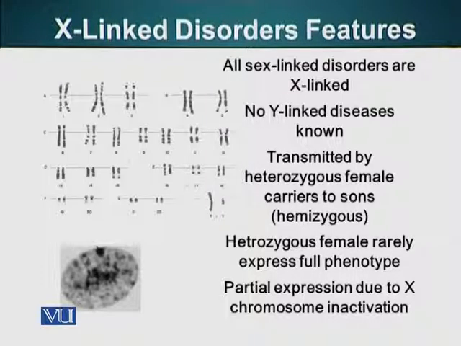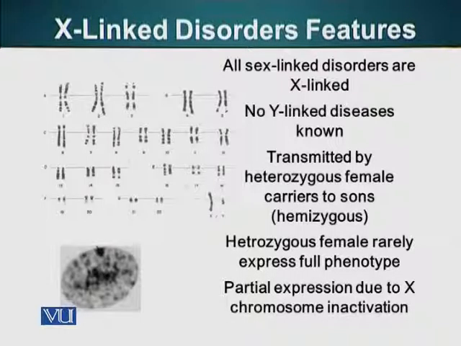This process happens early during embryogenesis, and it is a random process. A female will have two X chromosomes, one paternal, one maternal. Inactivation of the X chromosome is random. In some cells, it will be the paternal X chromosome that gets inactivated. In other cells, it will be the maternal X chromosome that gets inactivated.